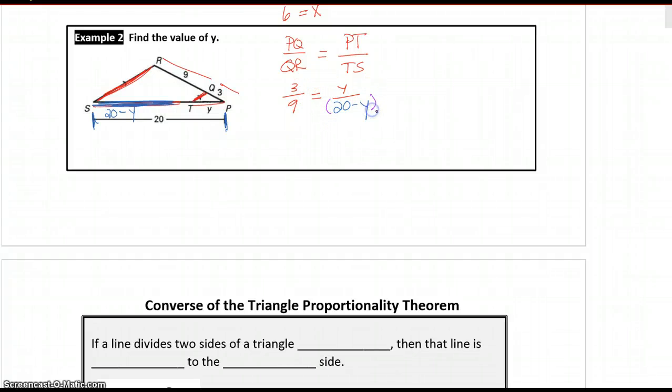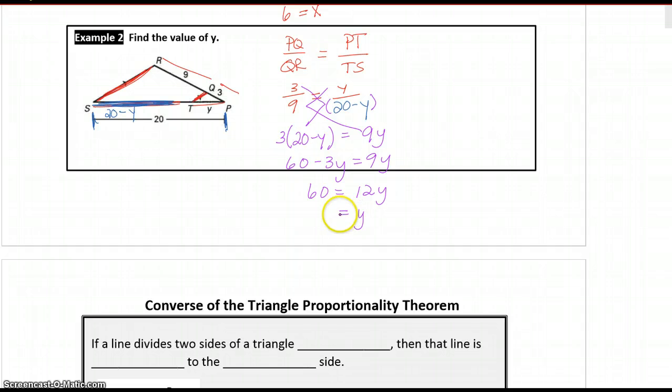I recommend putting parentheses around the 20 minus y before doing so that when you cross multiply you get 3 times the quantity of 20 minus y equals 9y. Distribute, you get 60 minus 3y equals 9y. Add 3y to both sides, you get 60 equals 12y. And if you divide, you get y equals 5.